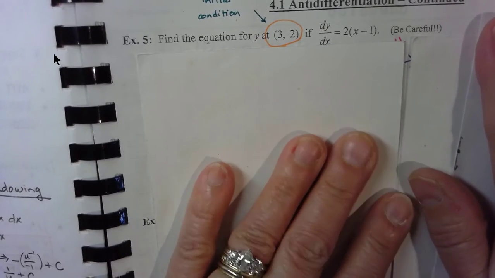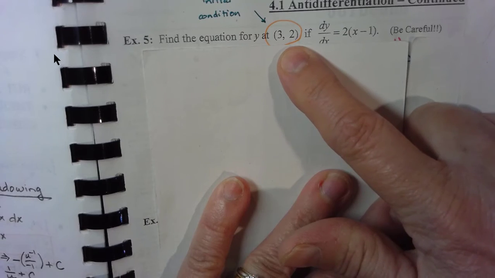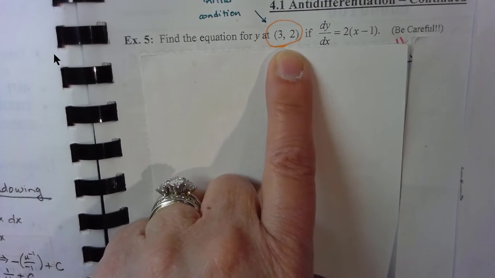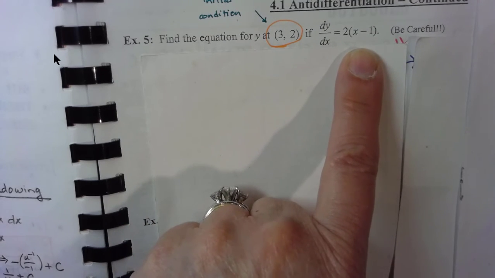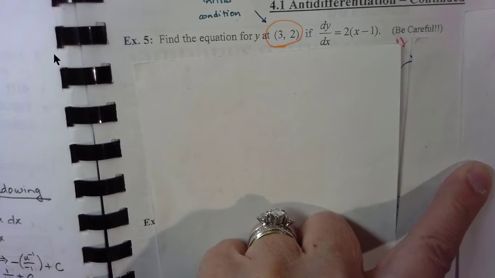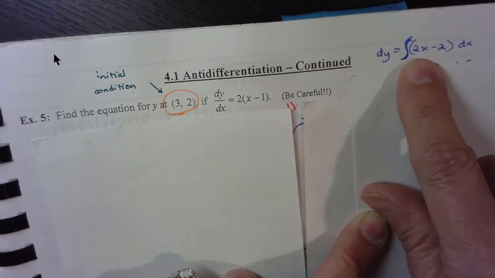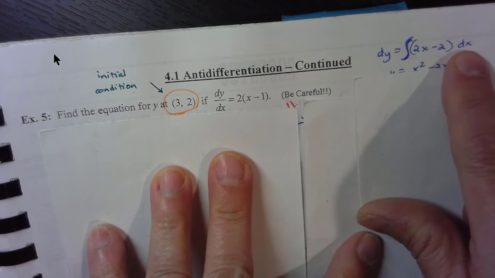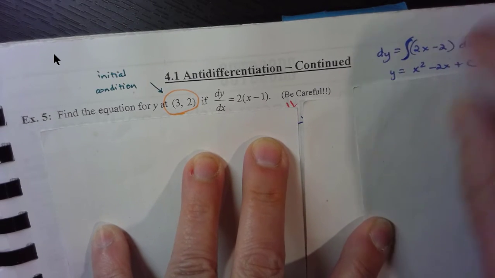Now we're going to look at antidifferentiation with an initial condition. So find the equation for y at the point (3, 2) if dy/dx is equal to 2 times (x minus 1). Now let us remember that would mean we're looking at this. And if dy is, distribute the 2, (2x minus 2) dx, then y is, well, the antiderivative of 2x is x squared.